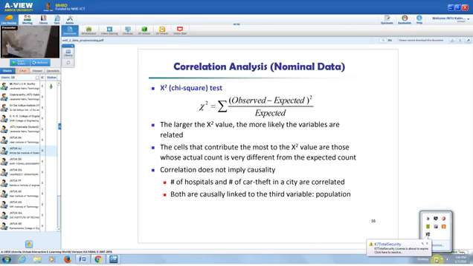Similarly, non-fiction and male, 1050 into 300 by 1500. Similar proportions for non-fiction female, 1050 into 1200 by 1500. Oh, I have put the same value here, I'm sorry. This is 360 for this. Non-fiction male is 210, sorry.